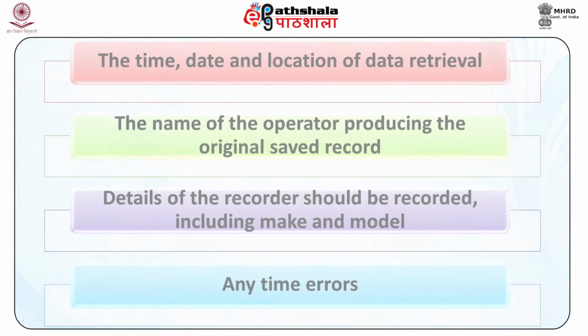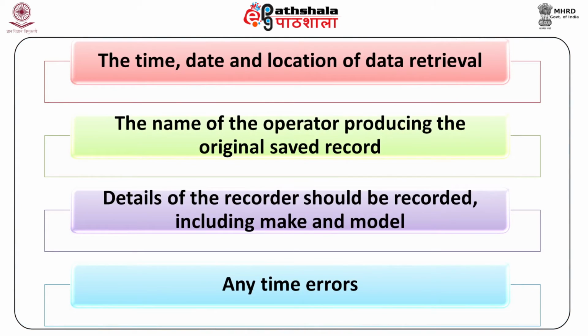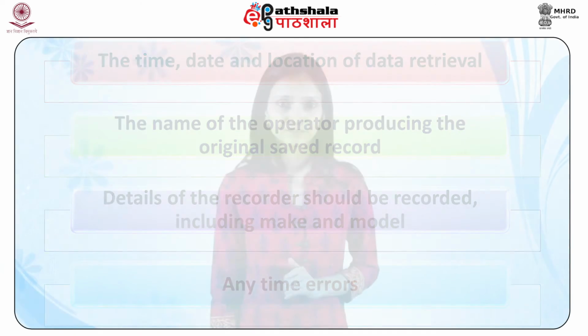Details related to the retrieval should be recorded, including A. the time, date and location of data retrieval, B. the name of the operator producing the original saved record, C. details of the recorder, including make and model, and D. any time errors: system displayed time versus actual current time.